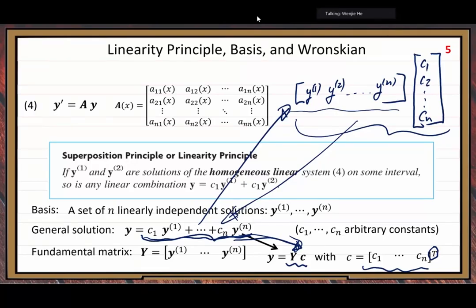When we do matrix vector multiplication, we do multiplication in this way. That's the definition of matrix multiplication. So this follows from the definition of matrix vector multiplication, right? This part is capital Y, this part is the C vector.